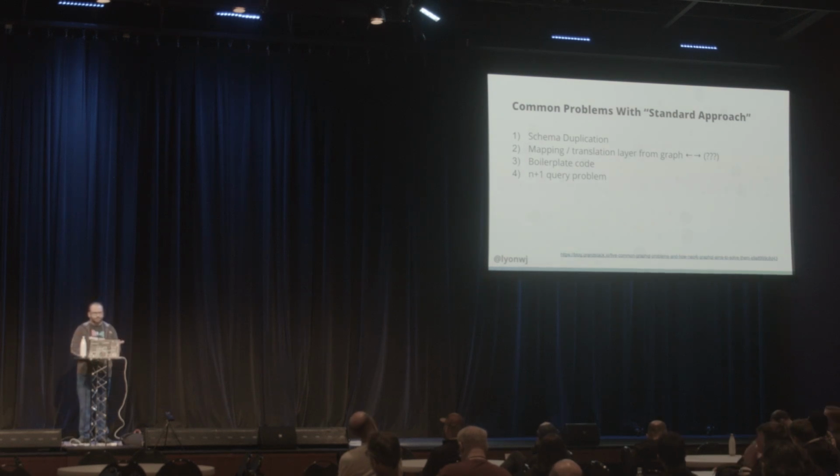One is schema duplication. We have a schema for the database, we have a schema for our API. There's a lot of mapping and translation code here in our resolvers. There's a lot of boilerplate. Here's how we send a query with the driver, error checking, this kind of thing. And then also, here's this n+1 query problem that we talked about.